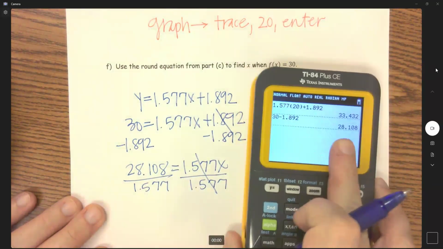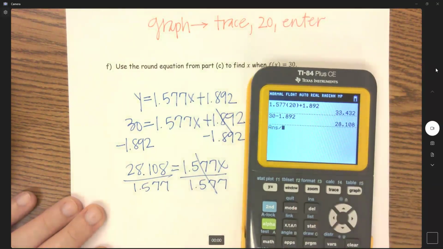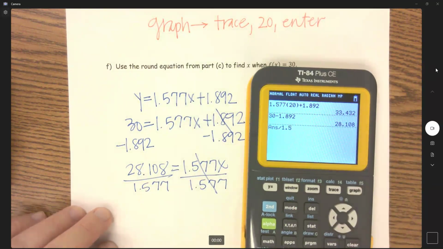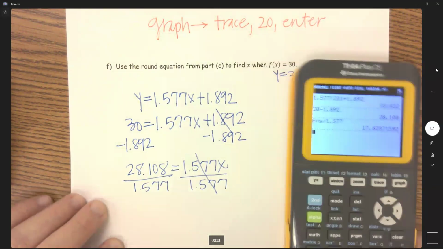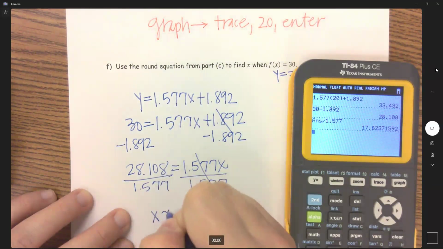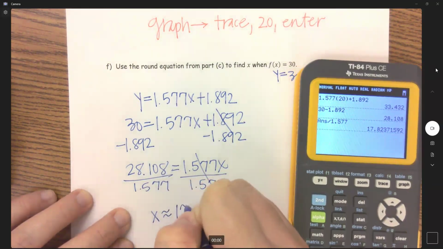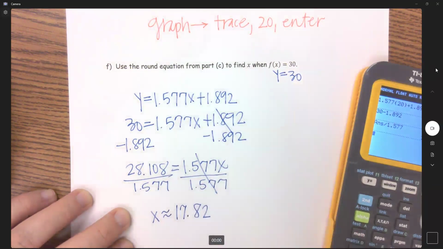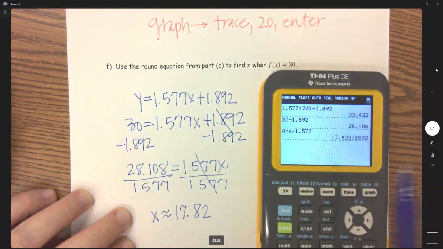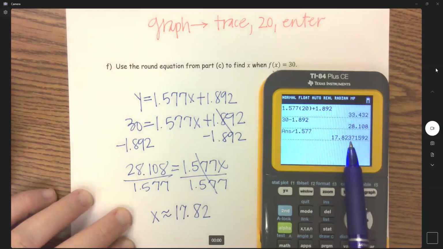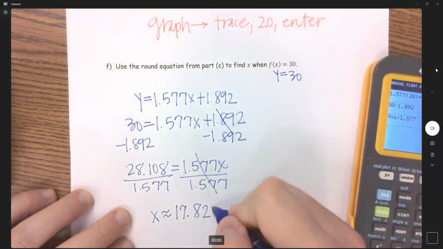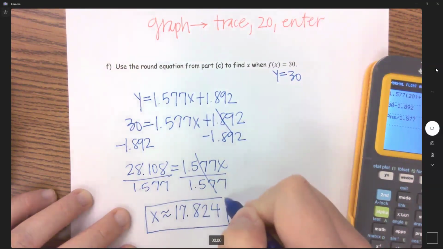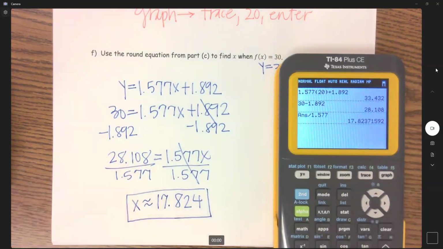I already have that in my calculator here. So I'm just going to do divide. It takes that last answer and I'm going to divide it by 1.577. And we get x to be roughly 17.82. This 7 makes that 3 go up to a 4. Okay, not too bad to do by hand.